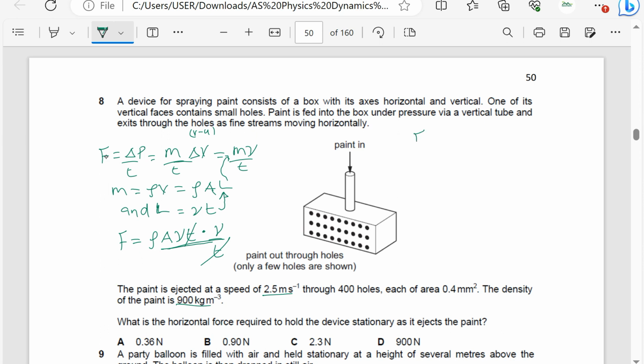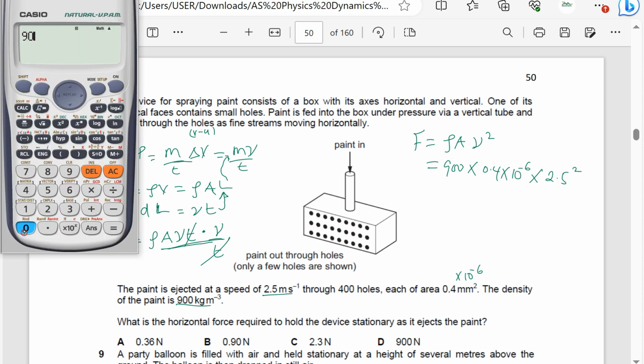So the force is going to be density times cross-sectional area times v squared, which is going to be, the density is 900 times the cross-sectional area, which is 0.4. We change it to meters squared, so it is going to be 0.4 times 10 power minus 6. We multiply this by 10 power minus 6 to change it to meters squared. Then times v, which is the speed squared, which is 2.5 squared.